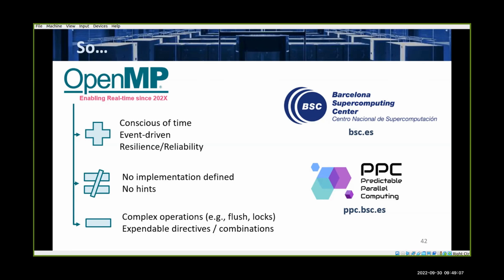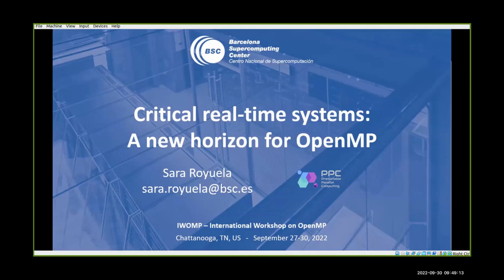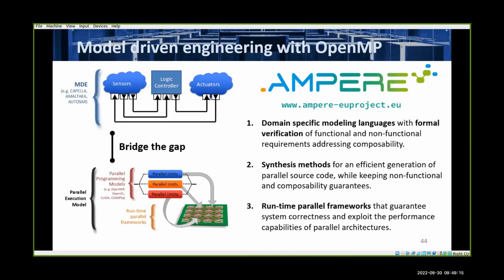Real-time system, yes. Okay. Actually, I didn't want to use much time, but in this AMPERE project, what we are doing is exactly this. The real-time system is defined at design time, and then we have these parallel architectures to deploy it.